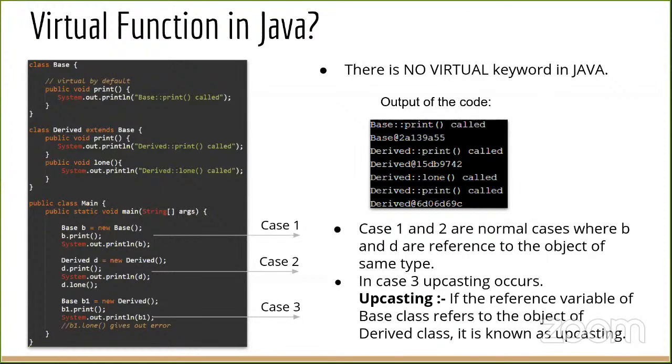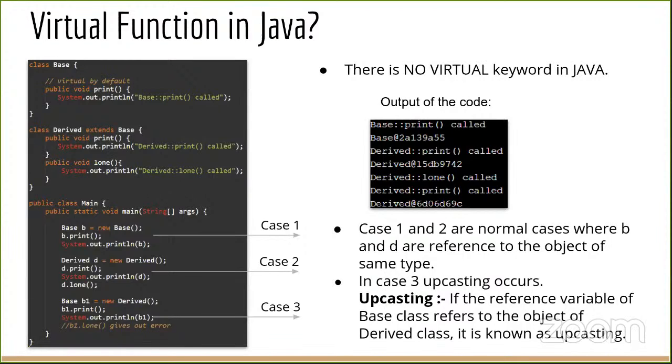And whenever upcasting happens, all the functions or variables which are just there in derived but not in base get removed from the object, and you can't use them while calling them from the reference, that is B1 in this case.